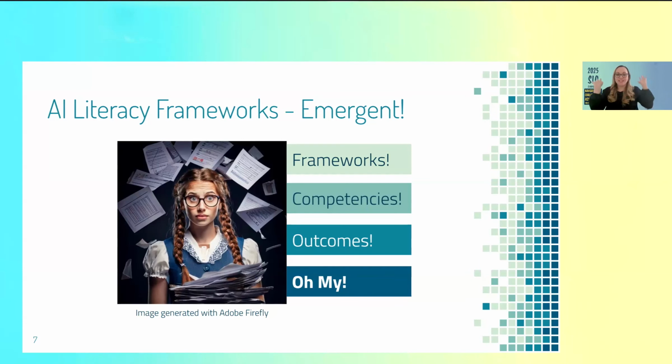So it's frameworks, competencies, outcomes. Oh my, there are so many different specifications and configurations of AI literacy out there that when I was planning my course, for example, I found 20 different frameworks and sets of outcomes. And I just quickly was like, this is making my head spin.